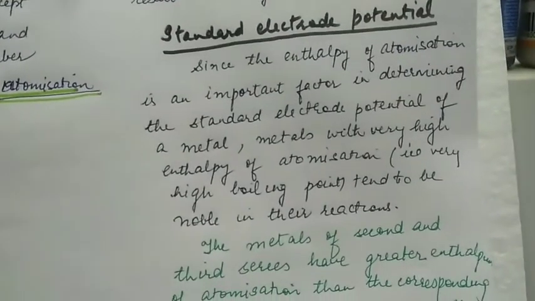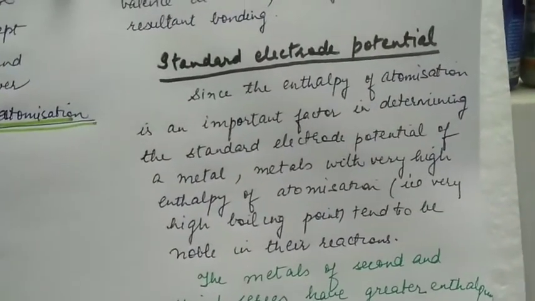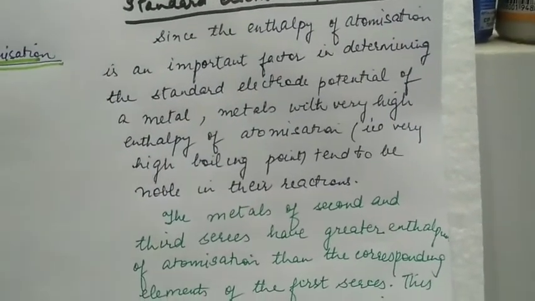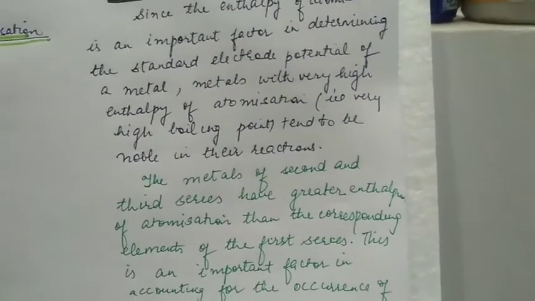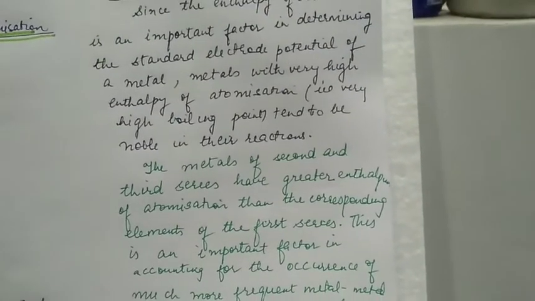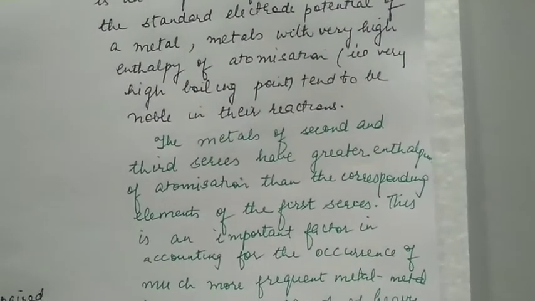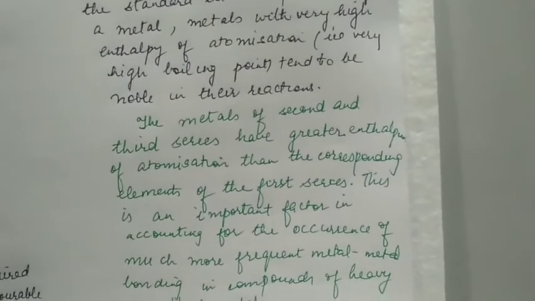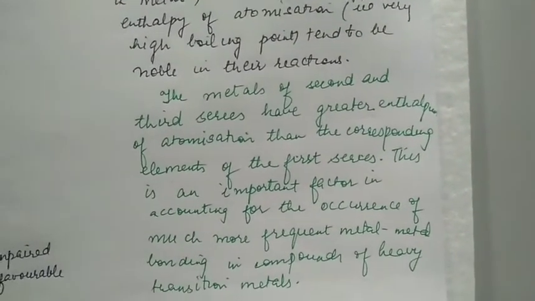Standard electrode potential. Since the enthalpy of atomization is an important factor in determining the electrode potential of a metal, metals with high enthalpy of atomization, that is very high boiling point, will tend to be noble in their reaction. That means they will not react much.